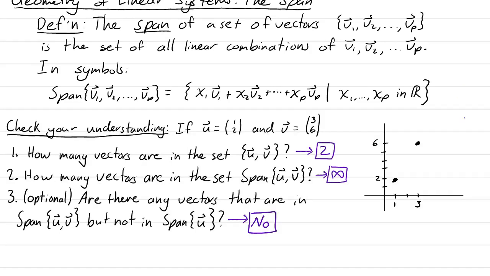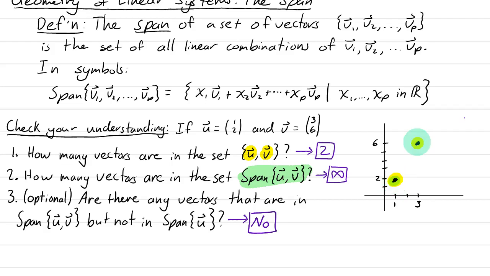Here are my answers. The set of u and v just has two vectors, the vector u and the vector v, so just that point and that point. That's only two vectors. But when we talk about the span of u and v, that represents any linear combination of them, which includes 1 times u plus 0v, which is just that point.